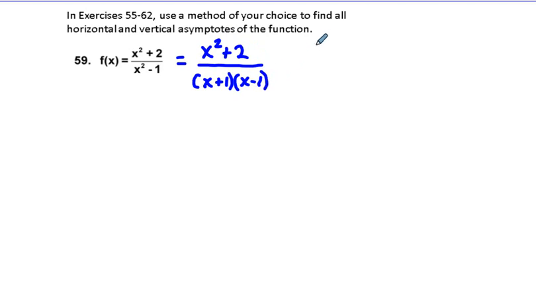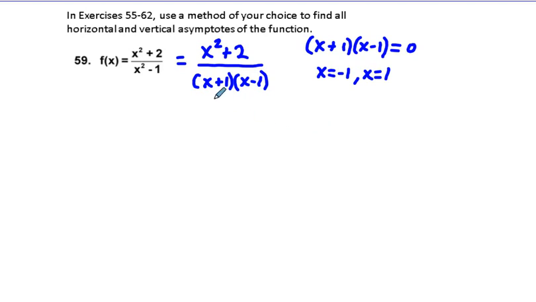And if we set quantity x plus 1 times quantity x minus 1 equal to 0, solving, we're going to have x is equal to negative 1 and also x is equal to 1.